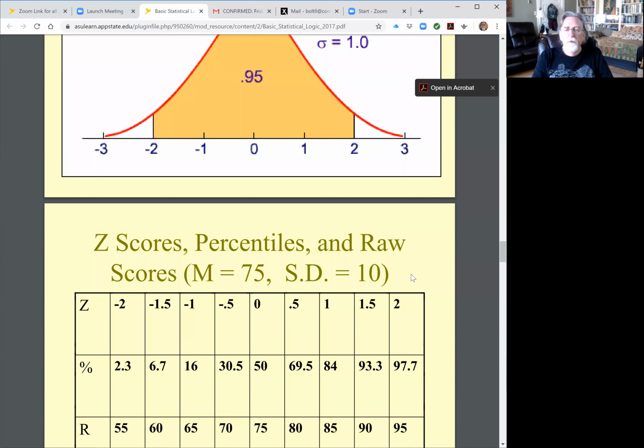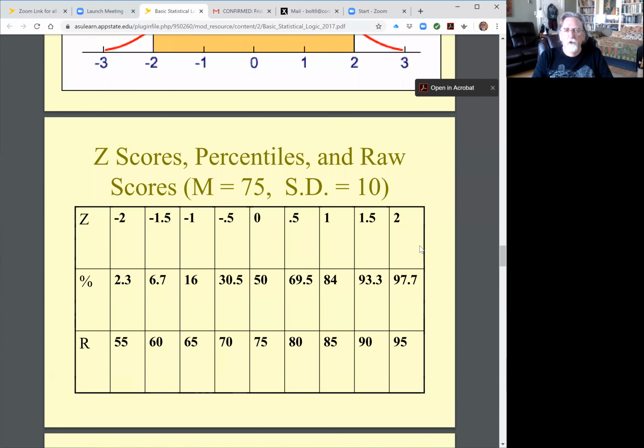Now, we put some real values with this just to show, if we have a z-score of 0, and let's say we have some scoring or some scale, and we have a set of outcomes, and the mean of that set of outcomes of that sample is 75, standard deviation is 10.